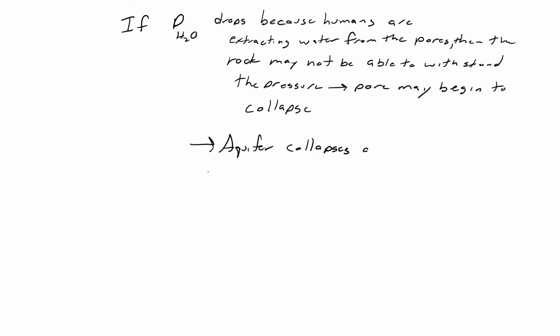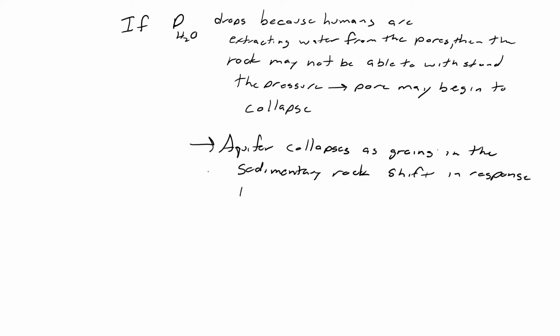So the aquifer collapses as grains in the sedimentary rock shift in response to the additional stress it now has to fight back, because the water is no longer providing it.